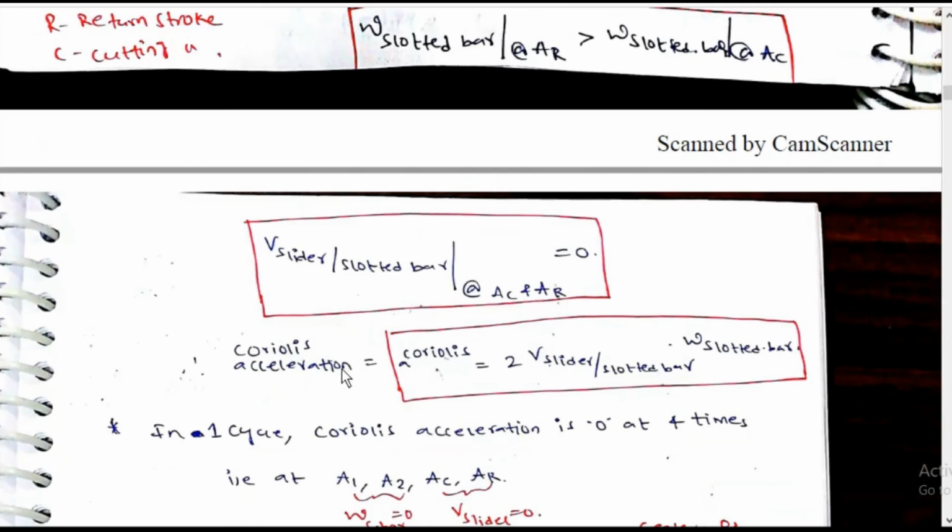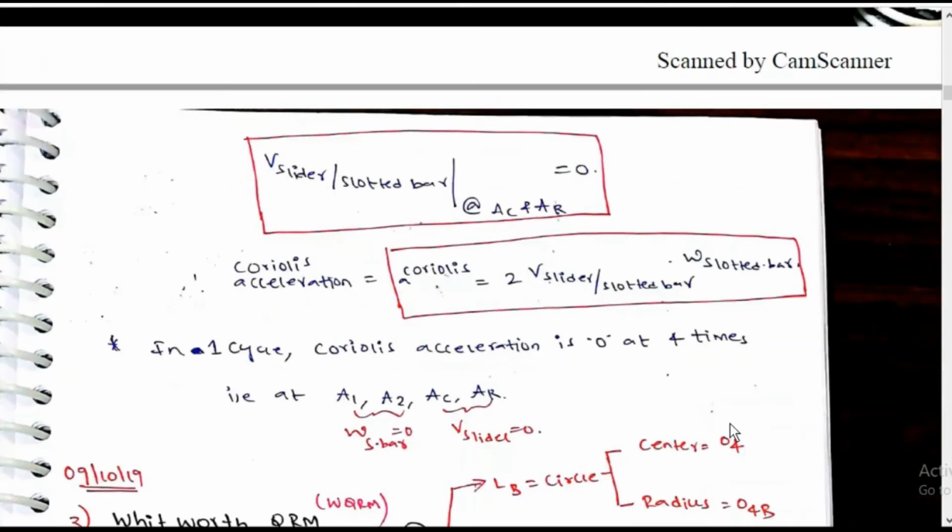Coriolis component of acceleration, A Coriolis, is equal to 2 into V slider relative to slotted bar into omega of slotted bar. In one cycle, the Coriolis component is 0 four times. At A1 and A2, omega of slotted bar is 0.